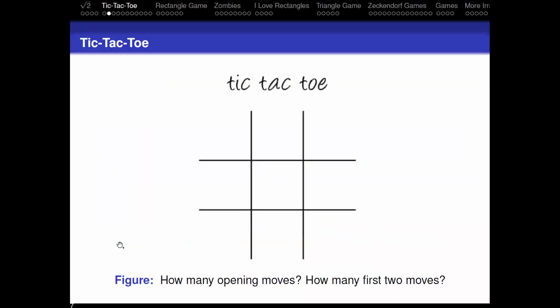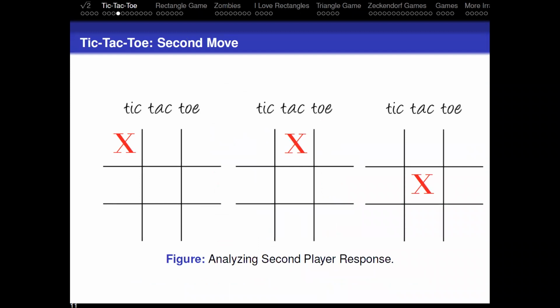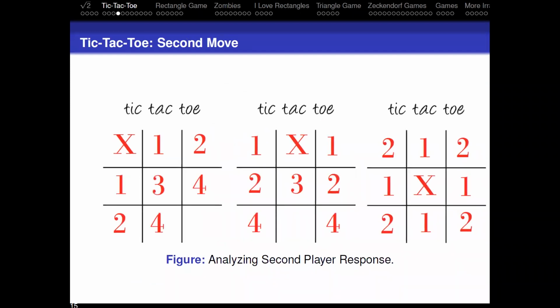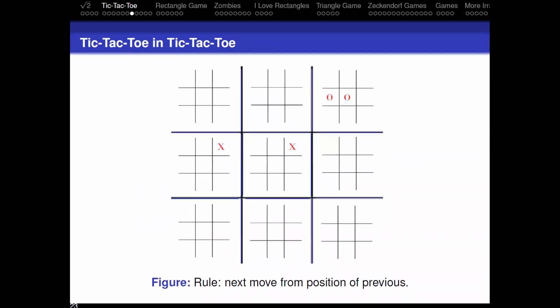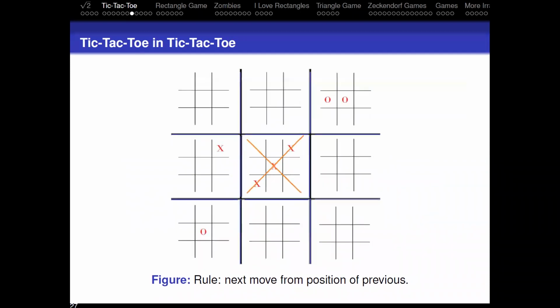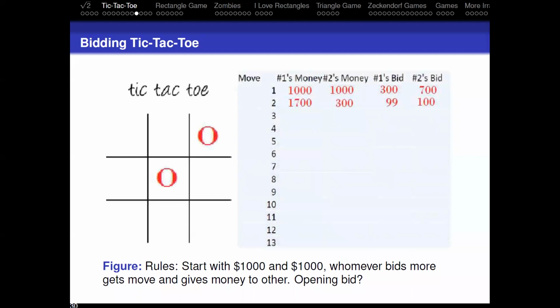So which part of tic-tac-toe? Tell me when to stop. Here, yeah. Okay. So what is your question? I don't get it. I don't understand the rule.